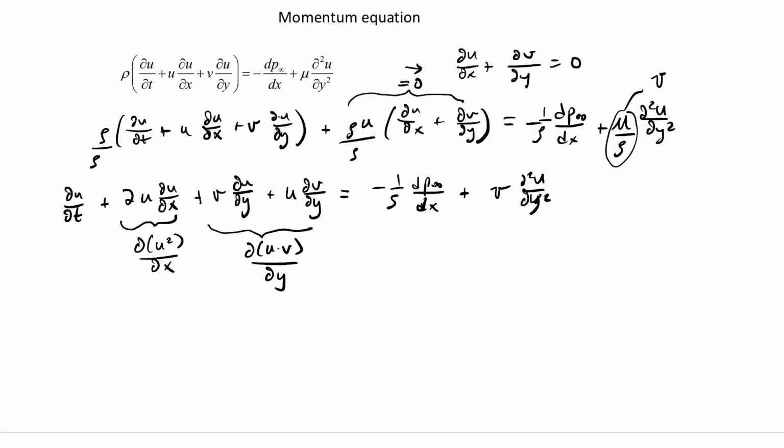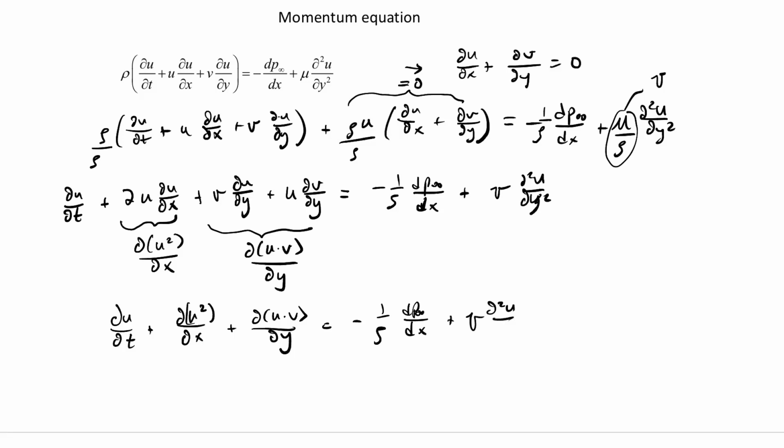So now we can rewrite this as something more useful for us, which is du dt plus du squared dx plus d of u times v dy is equal to minus 1 over rho dp infinity dx plus nu d squared u dy squared.